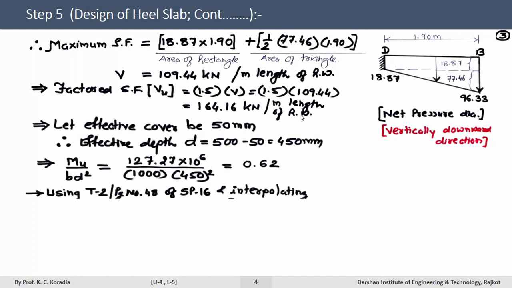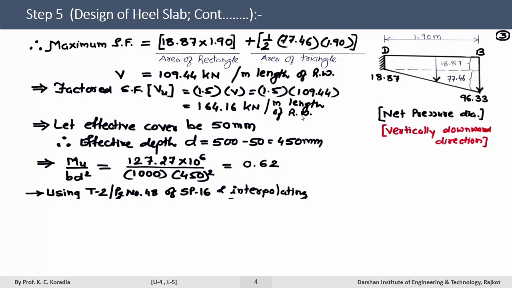Now let's consider the effective cover as 50 mm. Therefore, the effective depth will be equals to 500, which is the overall depth of base slab, minus 50, that is the effective cover, will give 450 mm, which is the effective depth of base slab.